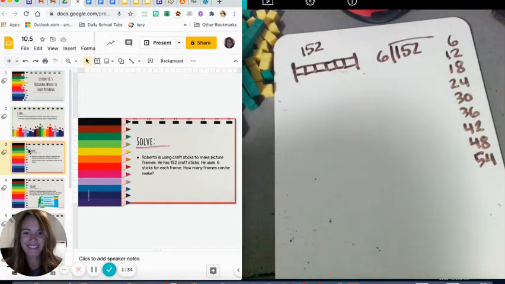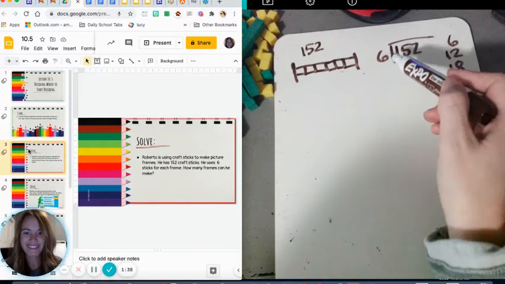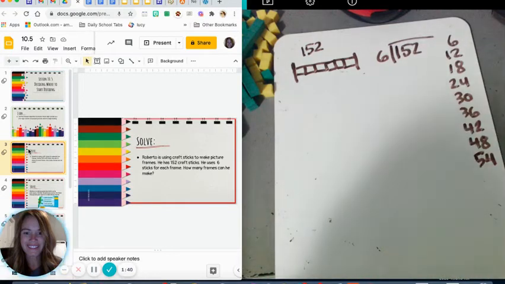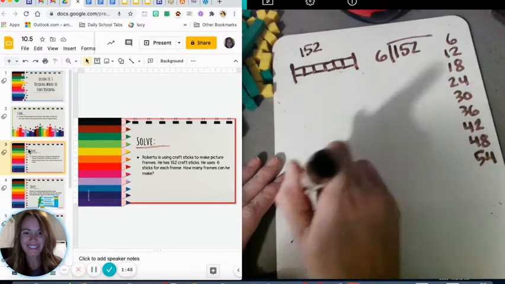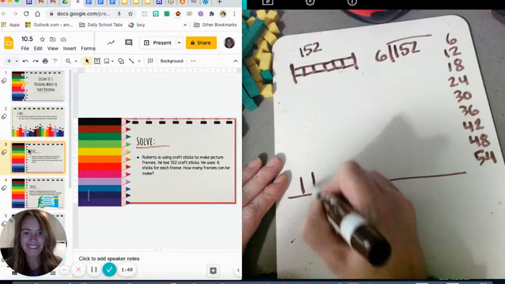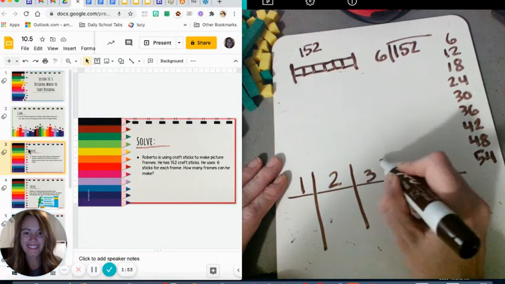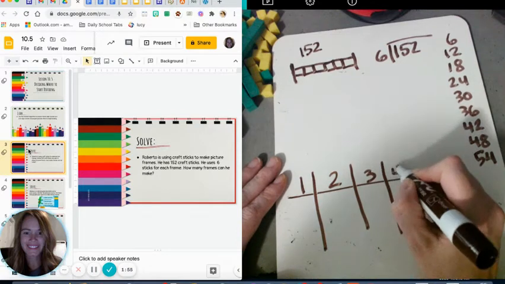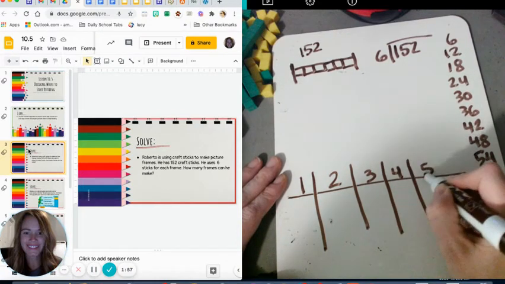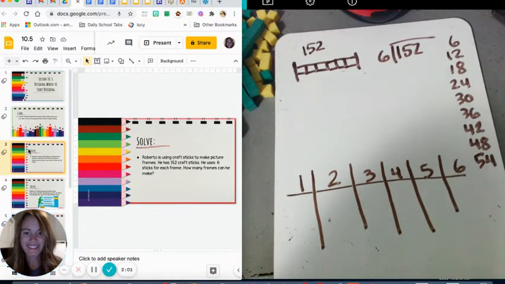All right, so when I first start dividing, I always start dividing in the place with the greatest value. And here, the place with the greatest value is the hundreds place. So when I set this up, I know that I'm going to have 1, 2, 3, 4, 5, 6 groups that I'm dividing this into.